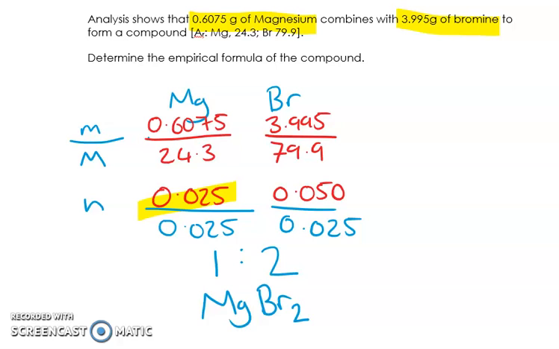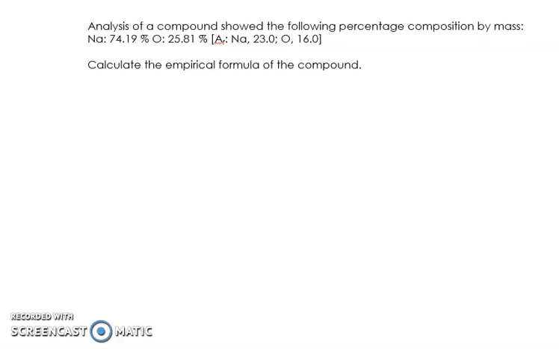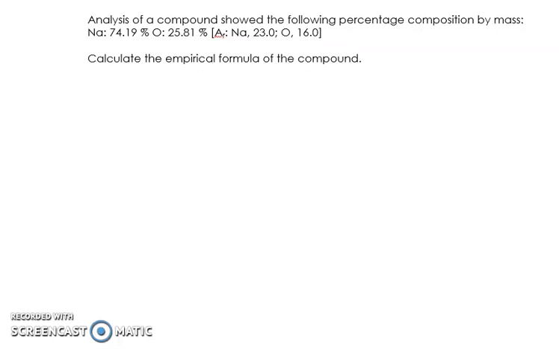So we've followed the steps neatly laid out. So on this following question, see here, the analysis of a compound showed the following percentage composition by mass, and it's given us the percentages here of sodium and oxygen, and it also wants us to calculate the empirical formula. Now this example is slightly different.